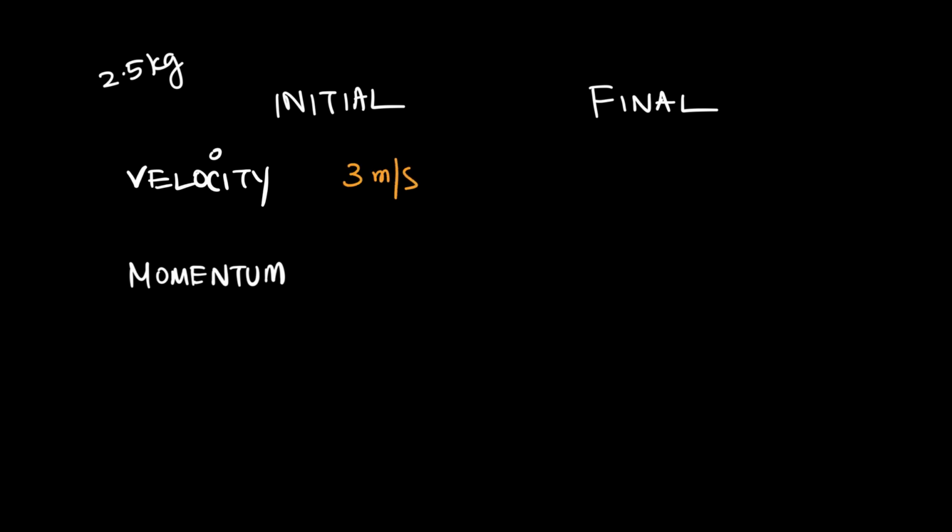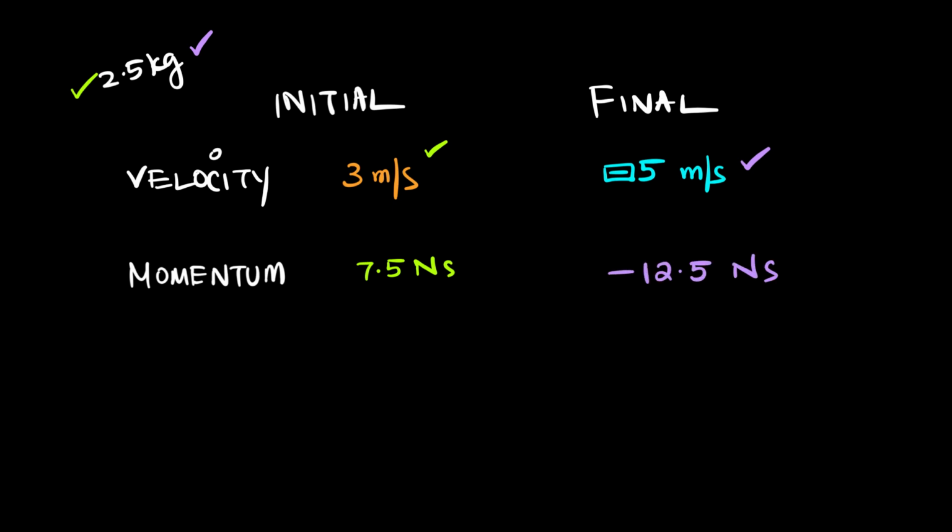And this time the final velocity is 5 meter per second, but the direction is reversed. So therefore we are giving it a negative sign. So let's take this 2.5, multiply it with 3, that becomes 7.5 Newton second. Let's take this 2.5 once again, multiply it with negative 5, that comes out to be negative 12.5 Newton second.